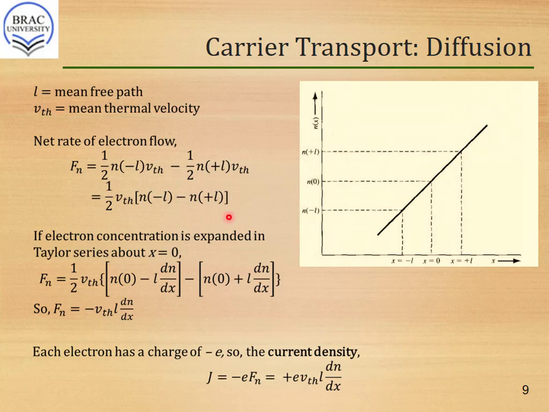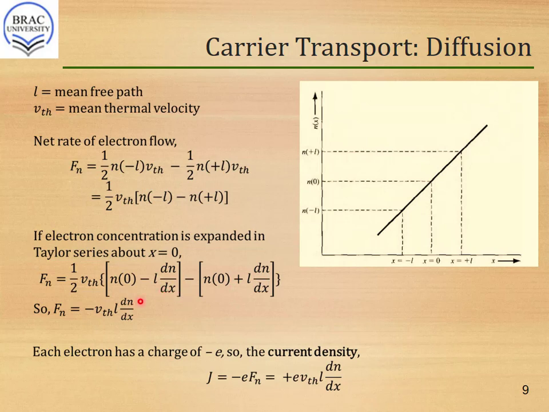Of course, Taylor series expansion gives an infinite number of terms, but we will not consider the higher order terms and only the first two terms are considered. So n of minus L will become n of 0 minus L dn by dx, and n of plus L will result in n of 0 plus L into d by dx of n.